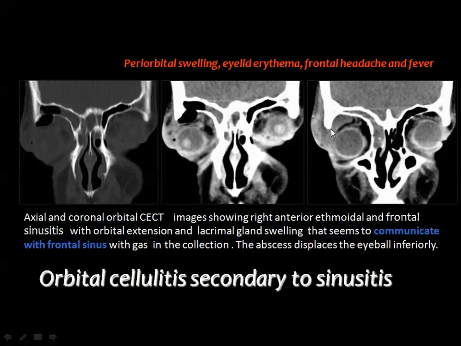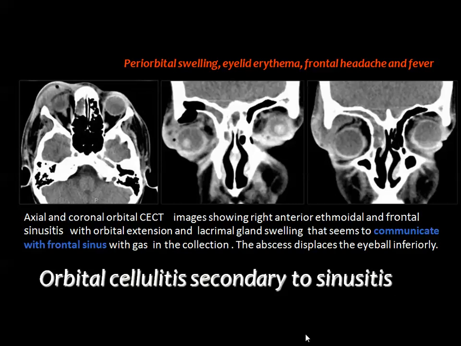You see here there is involvement of the lacrimal gland and there is inflammatory granulation tissue in the superior lateral aspect of the orbit with swelling of the eyelid as well. In the axial image, you can see some air loculi, and this air is usually trapped between the eyelid and the inflammatory reaction here anterior to the globe.